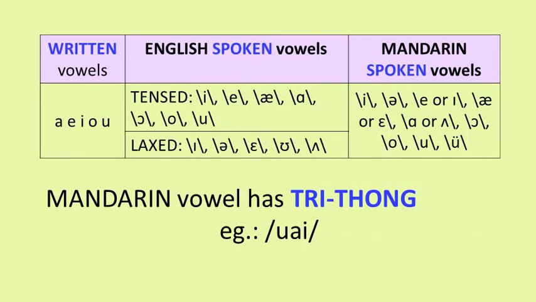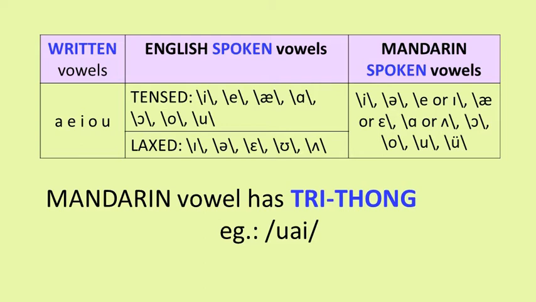But before we start, I will first underline the understanding of vowels. When we are talking about a vowel, we need to be aware whether it's a written vowel or a spoken vowel.